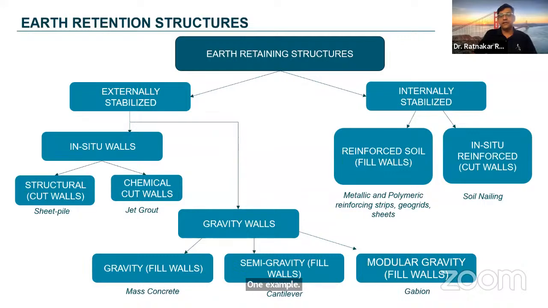Internally stabilized walls are reinforcements installed within the soil mass. The second criterion is the construction concept, fill or cut situation. Third is the system rigidity. A rigid earth retaining structure does not experience bending deformations, while a flexible earth retaining structure can be subjected to rotation and translation, but also experiences bending deformation.